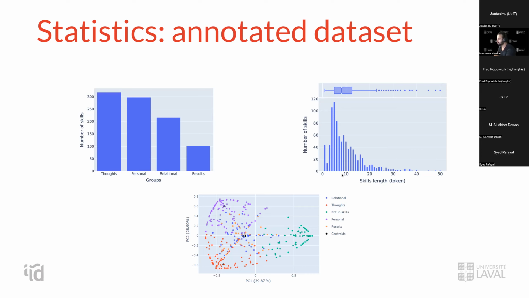When it comes to the length of each skill, you can see here that it's generally quite small, but we do have quite a bit of variance, and quite a lot of outliers as well, which, as you can see if you check out the paper, can really make the learning process difficult.